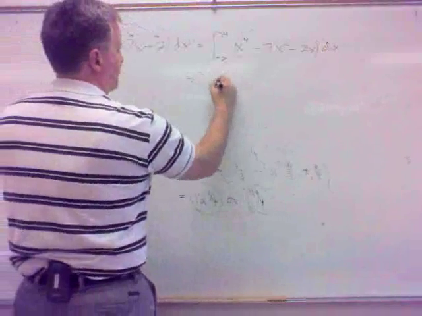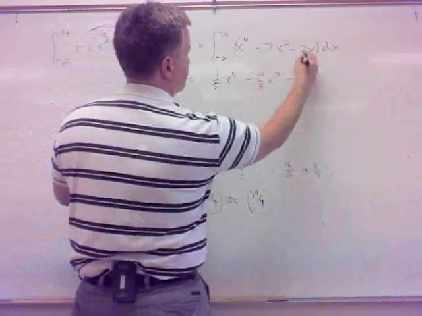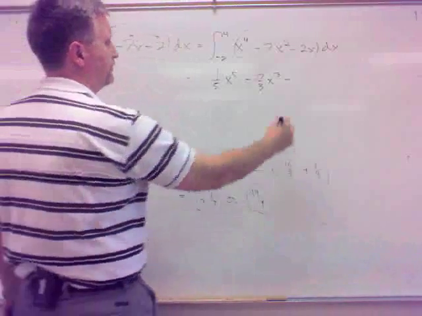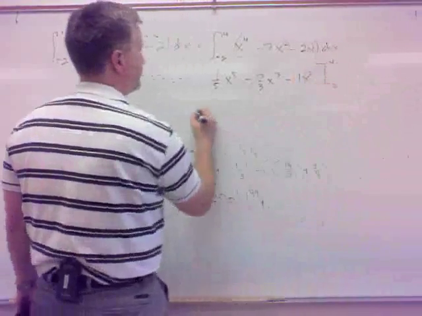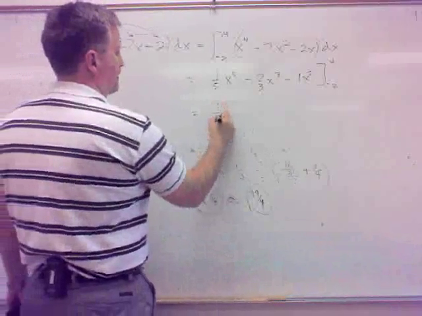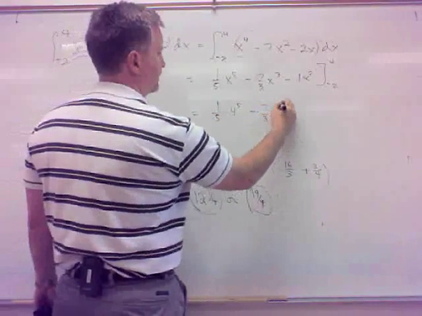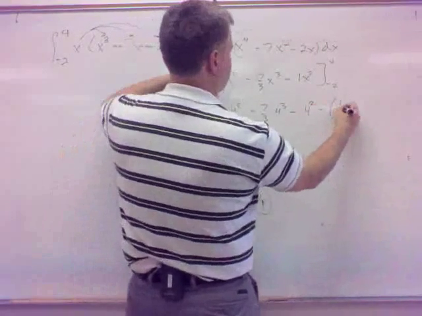So that would be 1/5 x to the 5th minus 7/3 x cubed minus 2 over 2, so it would be 1 x squared, from -2 to 4. So that would be 1/5 times 4 to the 5th minus 7/3 times 4 cubed minus 4 squared. And then minus with the -2.